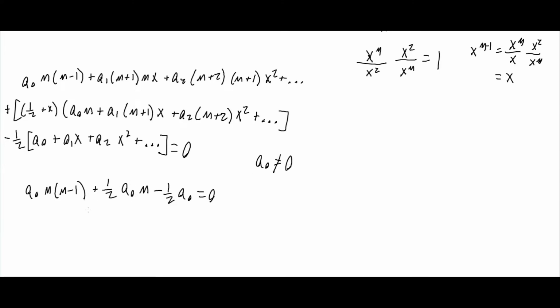Then if we factor the a naught out, we have m times m minus 1 plus 1/2 m minus 1/2 equals 0. And since we said that a naught is not equal to 0, then this part here has to be equal to 0.